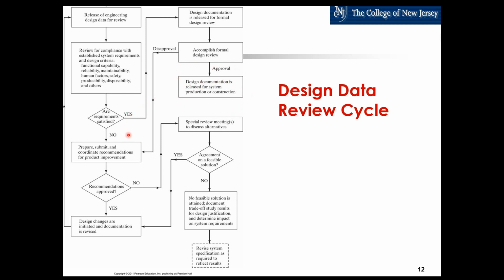And if no, you can then look into improvements, and you can discuss alternatives, and look at the feasibility of alternate solutions. And if there is a design change because of those recommendations, you have to basically go back through the process again. If there are no feasible solutions, then you may have to review or revise the specifications and features of the product.